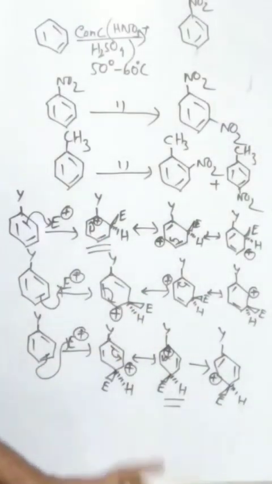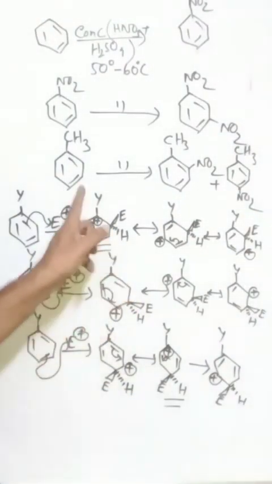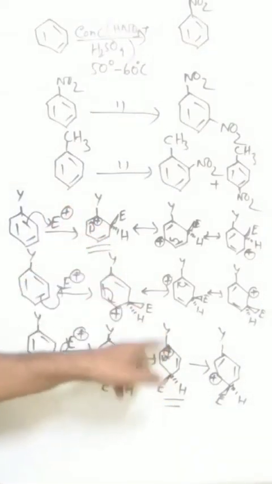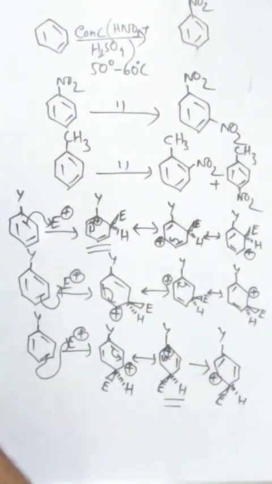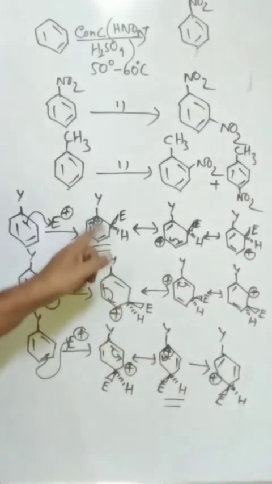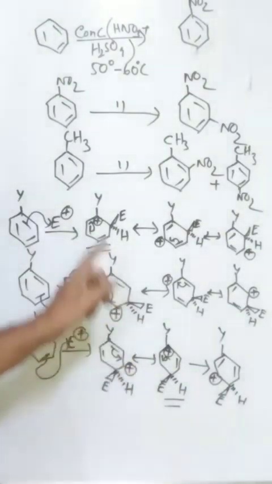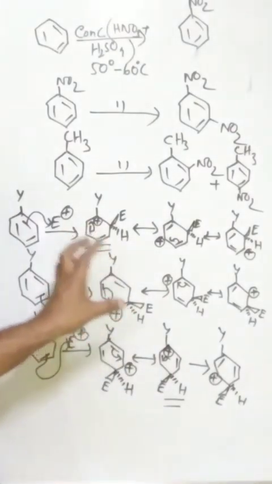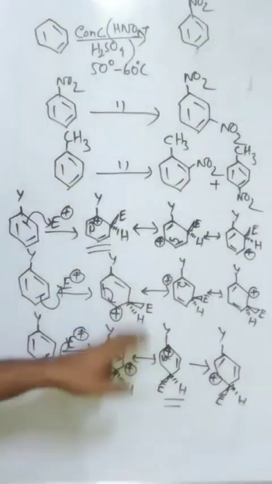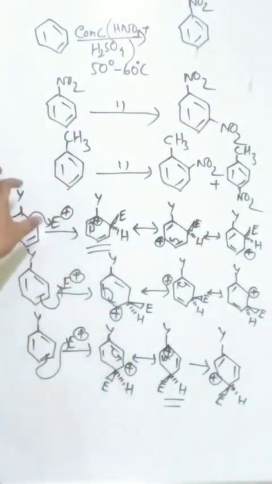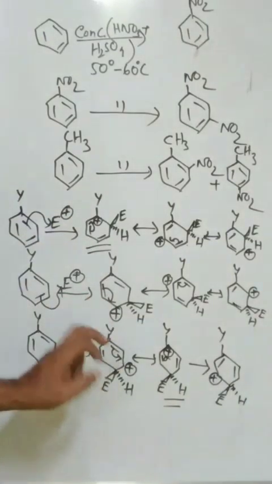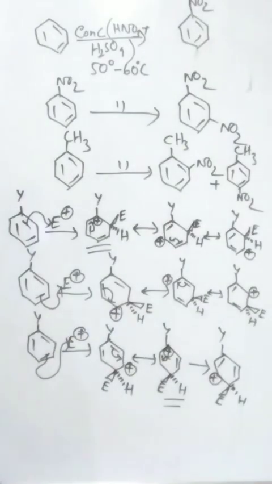So in ortho and para positions, if Y has a plus I inductive effect, these two resonating structures have some stabilizing factor.